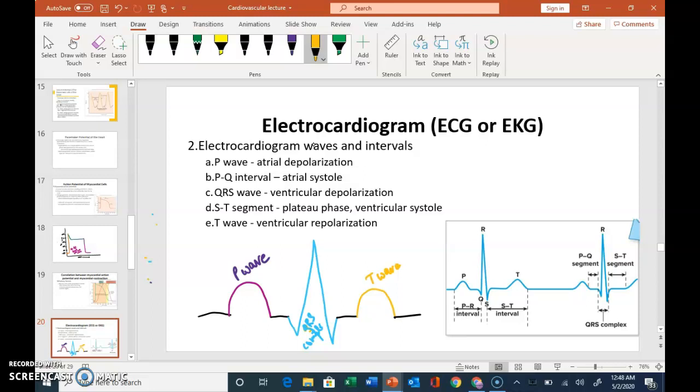The QRS complex indicates ventricular depolarization, and the T wave represents ventricular repolarization. So P wave, atrial depolarization; QRS complex, ventricular depolarization; and the T wave represents ventricular repolarization.